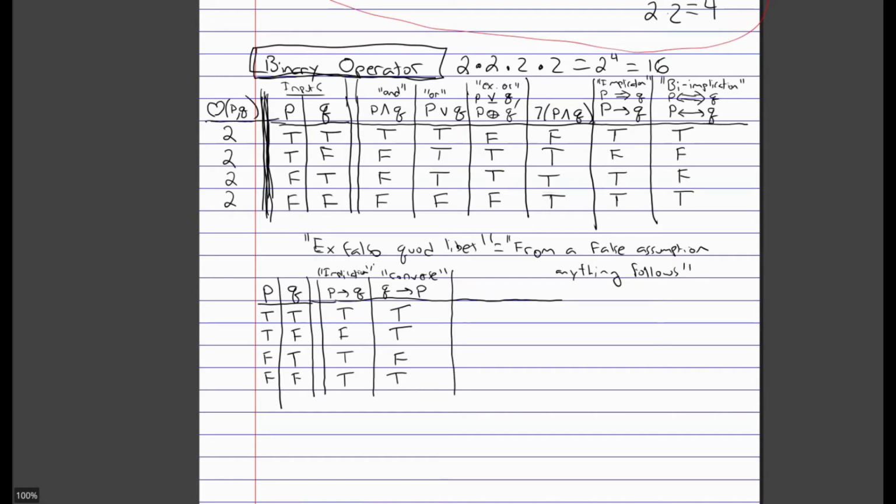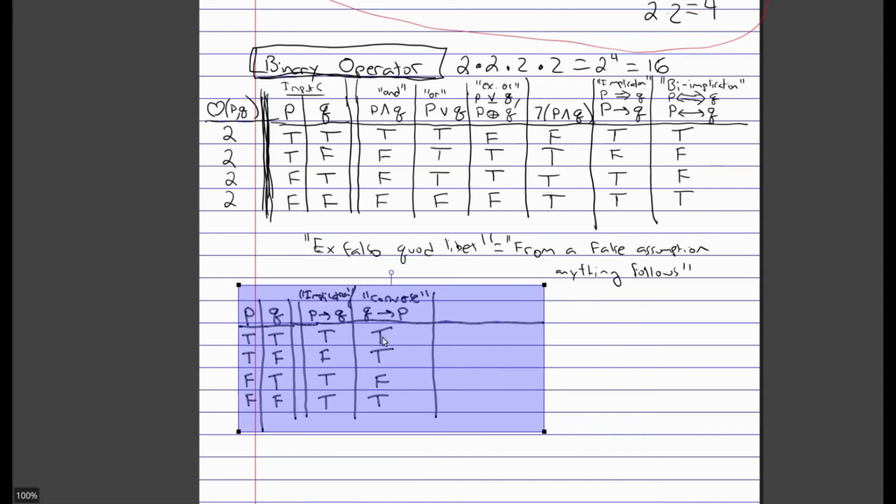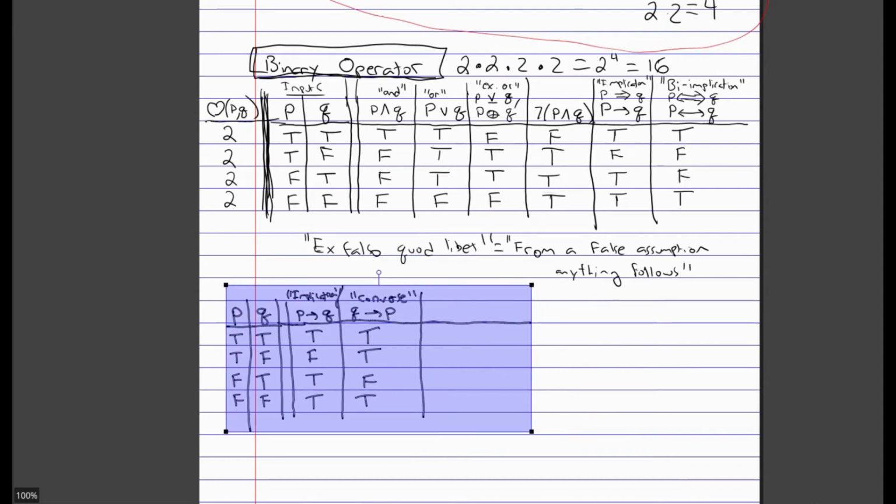And we see something very interesting happen here when we write down the and statement between these two statements. So the and statement between the implication and the converse implication. This and statement, P implies Q and Q implies P, ends up being, well, this is true and this is true, so the and statement between these two is true.